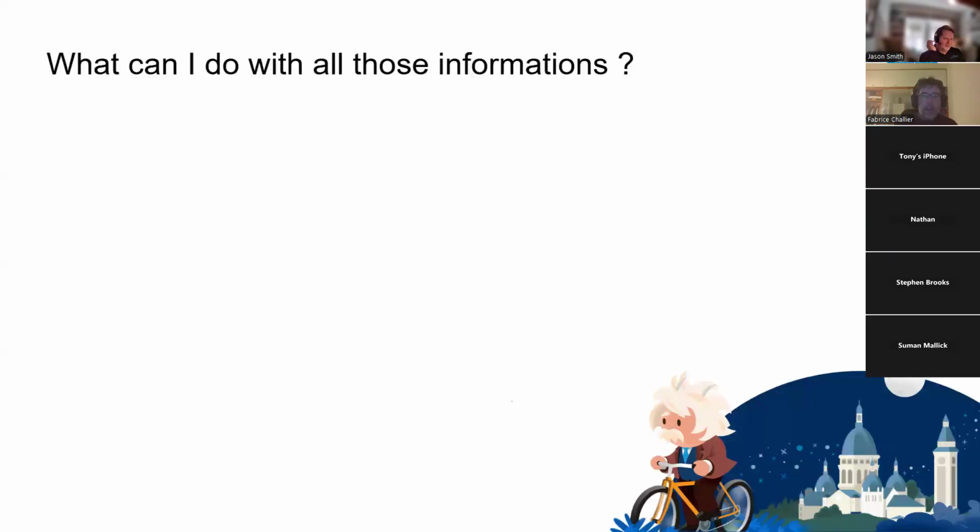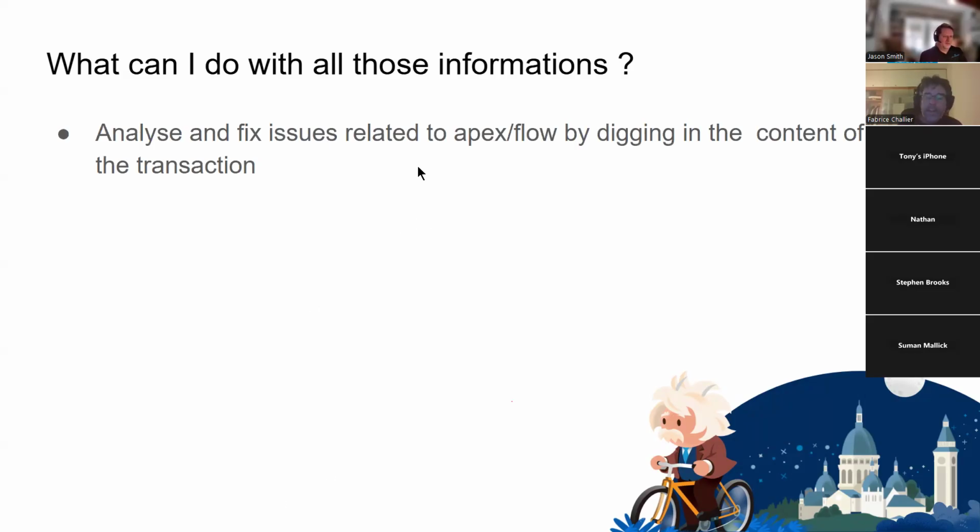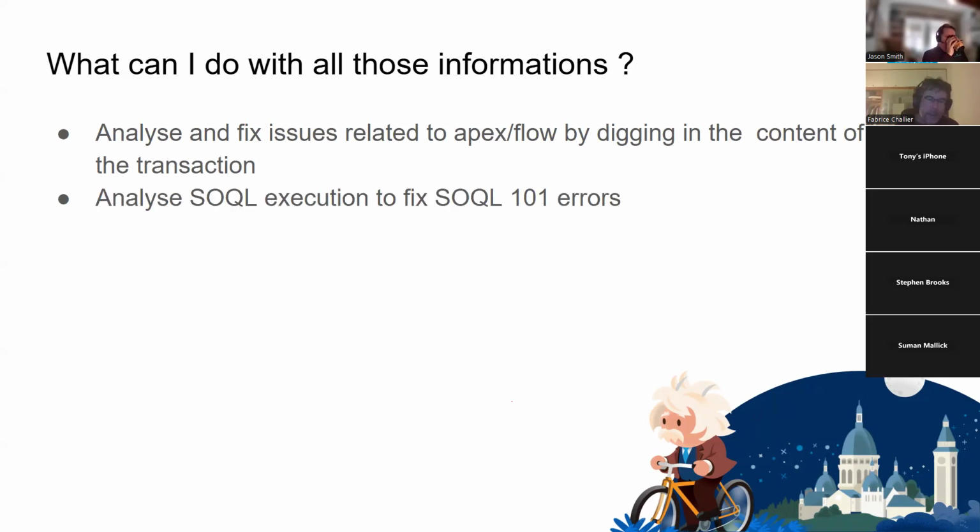So now that we have seen this, what can I do with all the information I've got inside the logs? Today we will see how you can use them to analyze and fix issues related to Apex. You can use them to analyze what's happening regarding SQL, and especially when you have SQL 101, it's really the Apex log that will help me understand where my issue is.